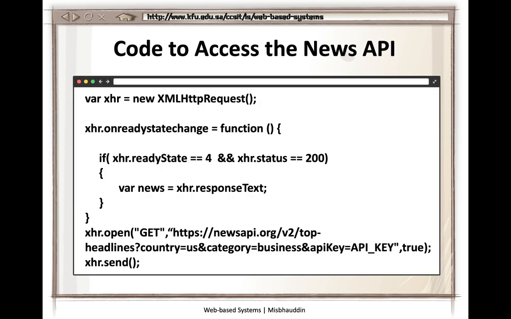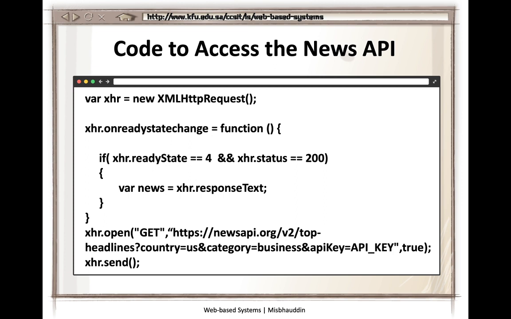Then the code to access them will remain the same as we did. For example, you would use XHR open, replace the API key, get the response, and read whatever you get from here. Now, remember, if you are getting top headlines, you might receive them as an array, because you are not receiving one item.